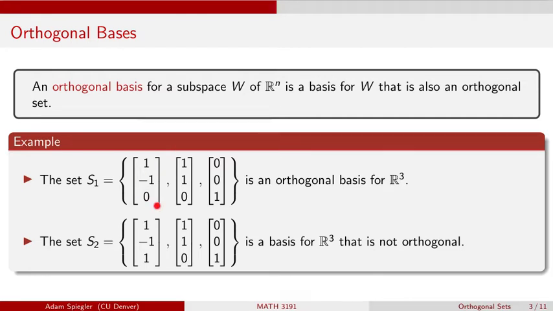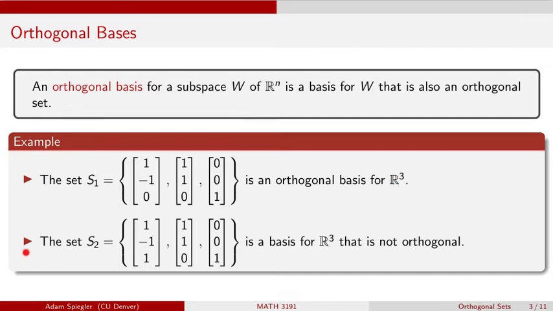So this set is an orthogonal set. So they're linearly independent. So if I have a set of three linearly independent vectors from a three-dimensional space, R3, it has to be a basis for that space. So this set S1 is an orthogonal set that is also a basis for the entire vector space R3.